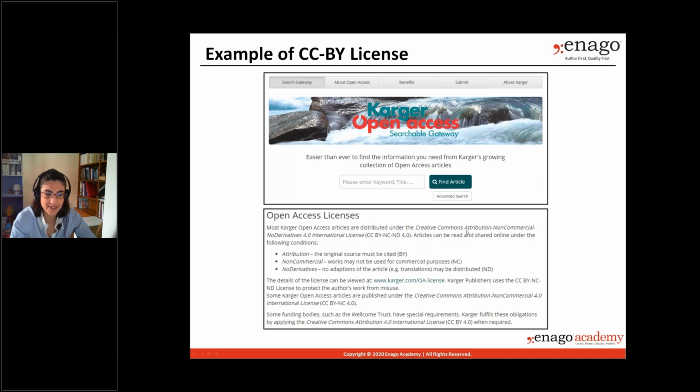So you will see in the first couple of lines after the title Open Access Licenses, the specifics of the different licenses and clarifications thereof. Other examples would be for the PLOS database and the PLOS Open Access.